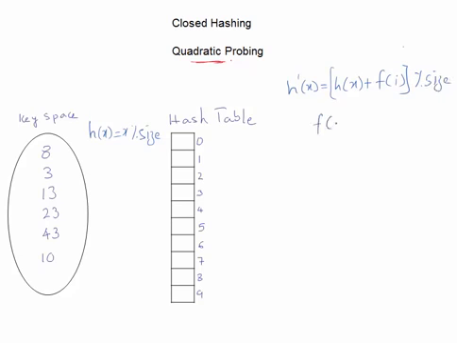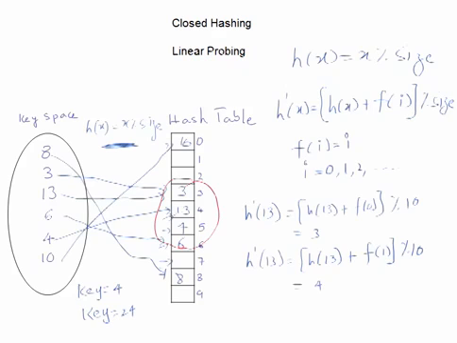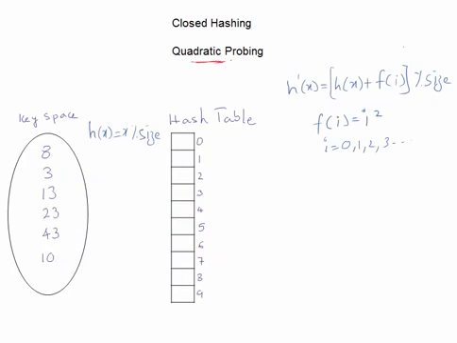But f of i is i square, where i takes the values 0, 1, 2 and so on. So f of i is not equal to i, f of i is equal to i square. So the difference from linear probing is that in linear probing f of i is equal to i, but in quadratic probing f of i is equal to i square.